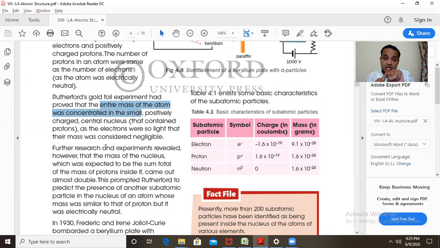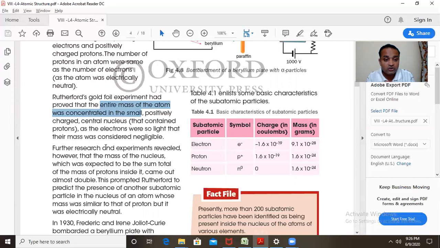So it was very clear from this experiment that in the center there is something having a mass nearly equal to the mass of protons. There is something present inside the nucleus, and the total mass is almost double.